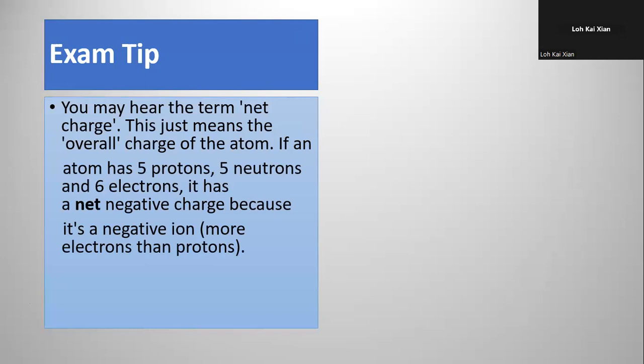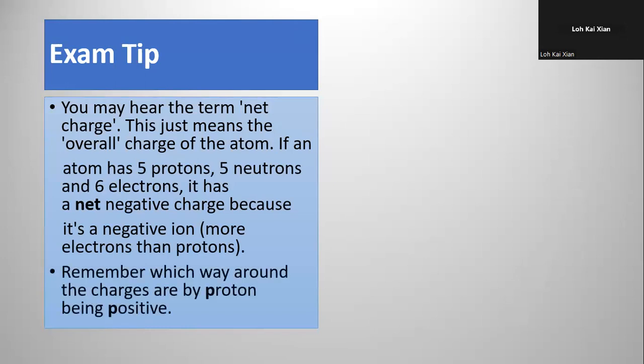That means it has more electrons than protons. Remember which way around the charges are, with proton being positive, right? The easiest way to remember is proton, P. Positive is also P, right? Associate them.